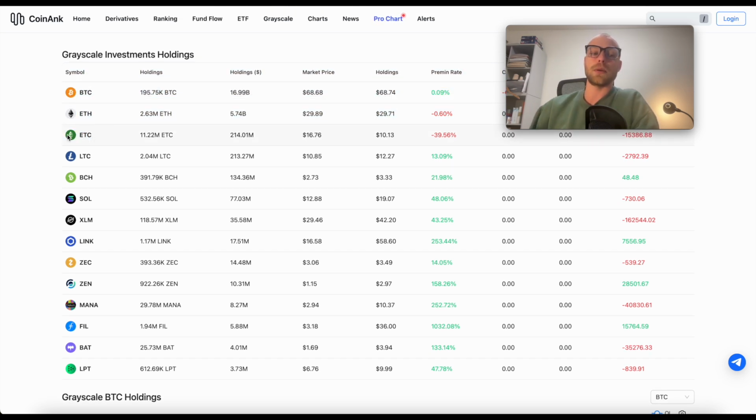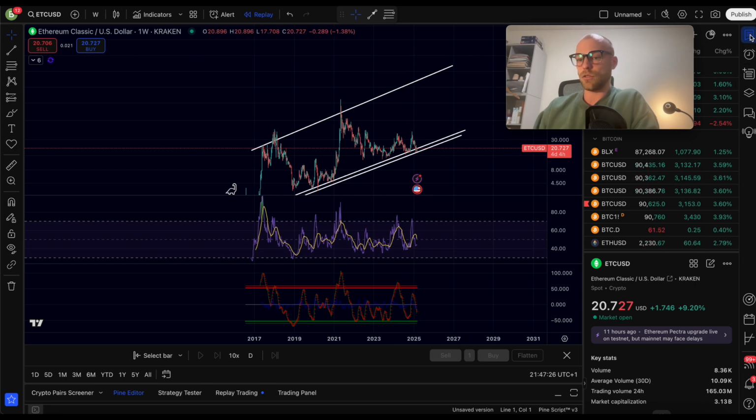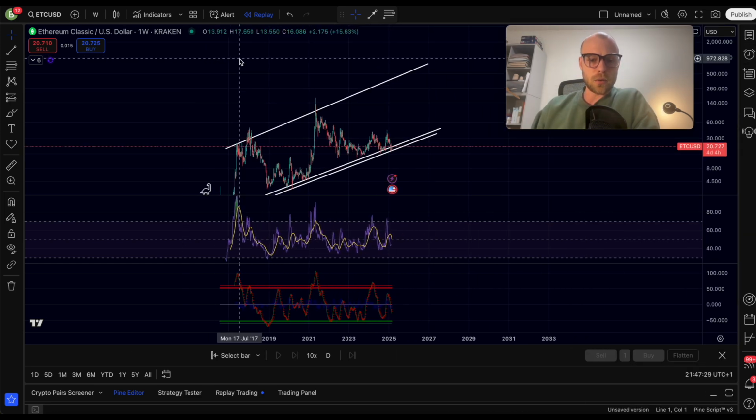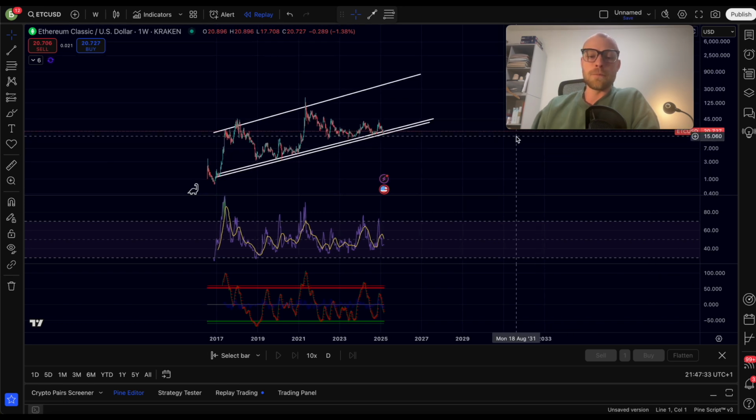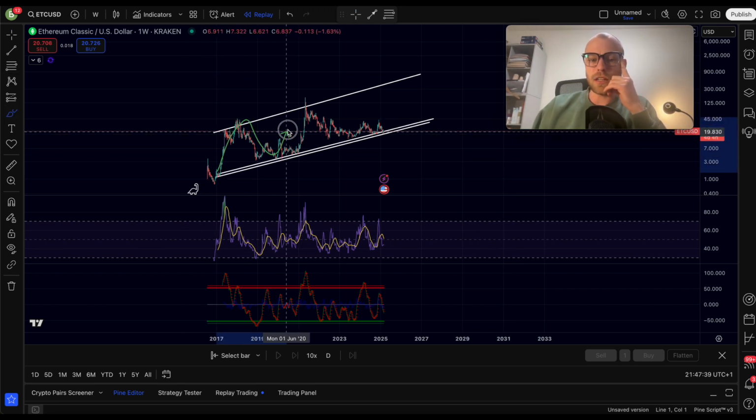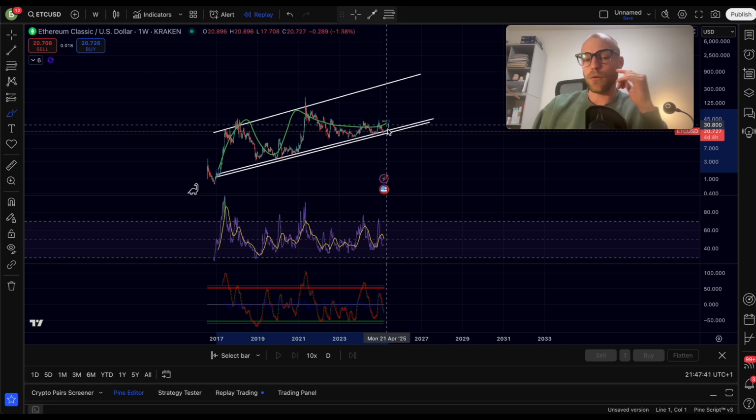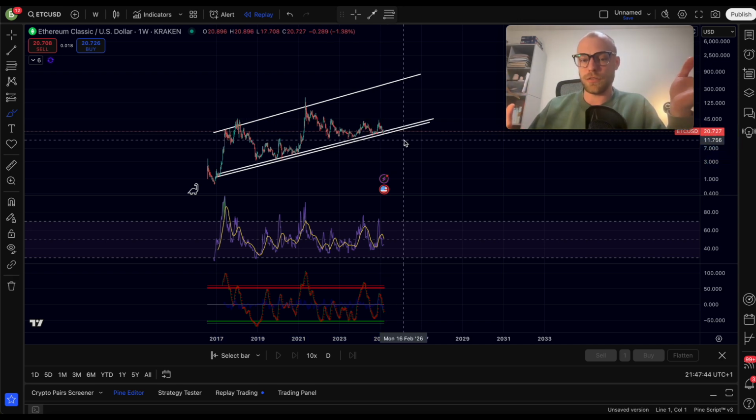I want to focus on Ethereum Classic because I mentioned this token a couple of times to you. Because if we go to Ethereum Classic, to the chart, then we can see, and I really find this interesting, because this is a macro view of this chart. We have a very beautiful channel right here. And right now we are at the bottom of the channel.